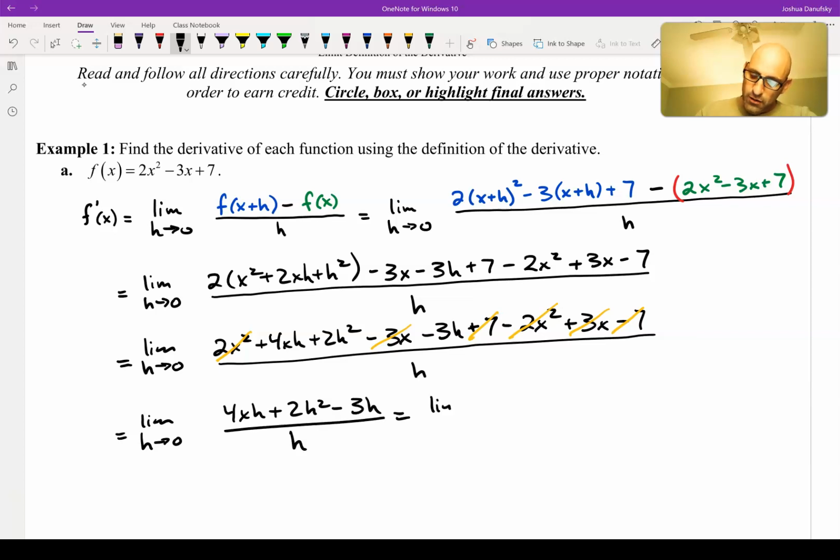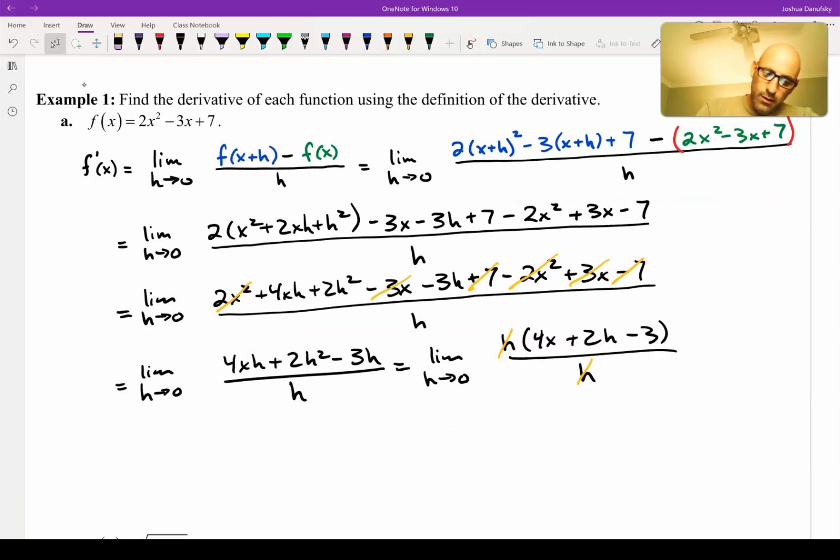We can factor out the h in the numerator before we cancel. We end up with something like this. And of course now h divided by h is 1. And we have the limit as h approaches 0 of 4x plus 2h minus 3 like this.